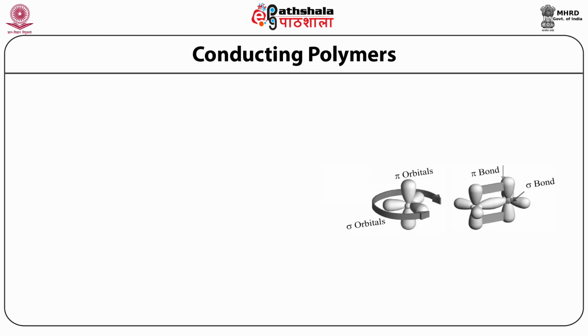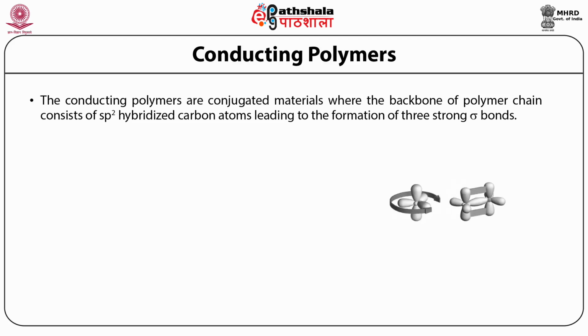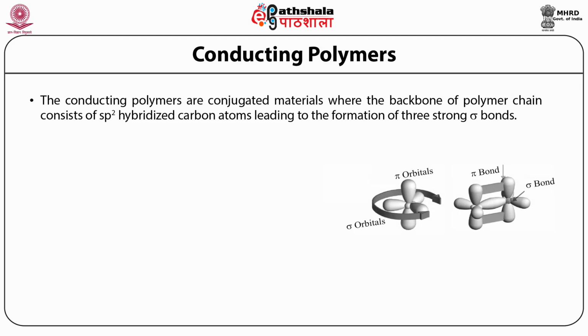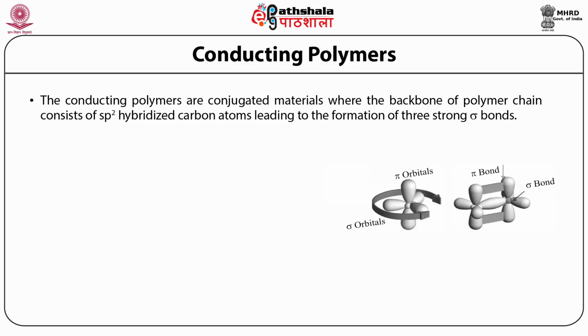In contrast, the conducting polymers are conjugated materials where the backbone of the polymer chain consists of sp2 hybridized carbon atoms, leading to the formation of three strong sigma bonds, which can be seen in the figure. For example, in polyacetylene, each carbon is bonded to one hydrogen atom and two neighboring carbon atoms.